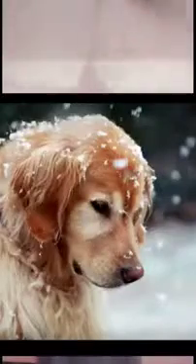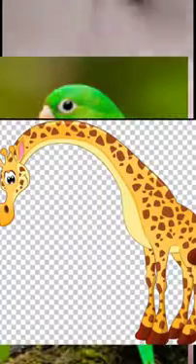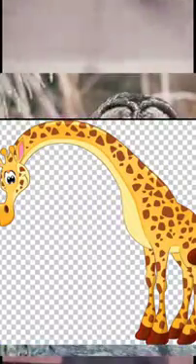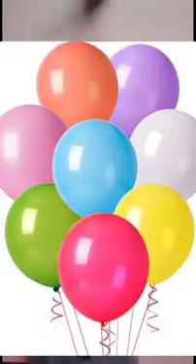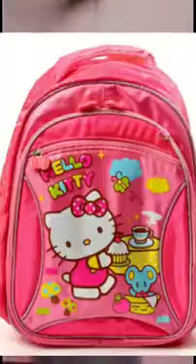It's a dog, an elephant, a parrot, a giraffe, an owl, frog. All these are animals and birds. This is a fan. It comes under the category of things. Balloons, classroom, books, bag, a kite.